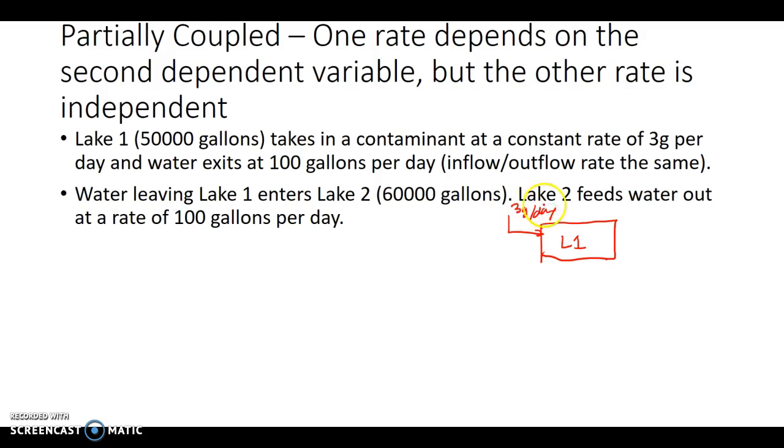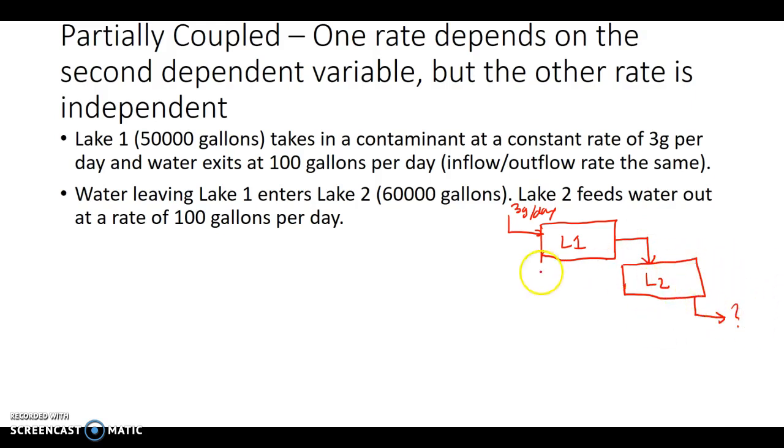That's already a rate of change in the chemical itself, so we don't really need to know the flow rate of water in, but we're assuming it's the same as what's coming out, so the volume is not changing. That output is going to flow into Lake 2. We have what's called a cascading system, and whatever comes out of L1 goes into L2, but then water feeds out of L2 and we don't really know where it goes after that.